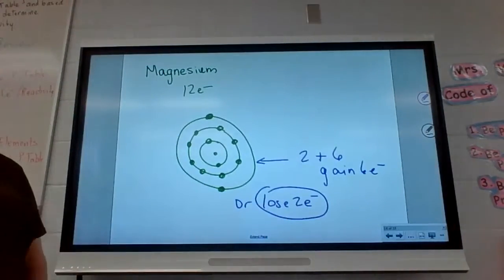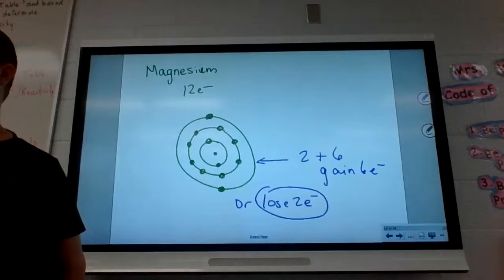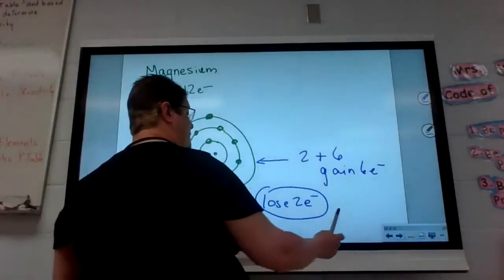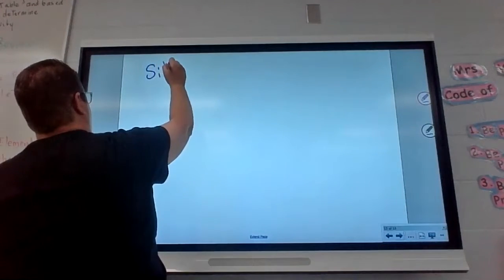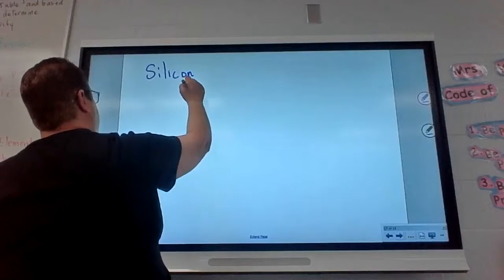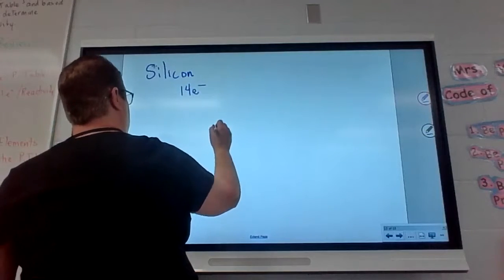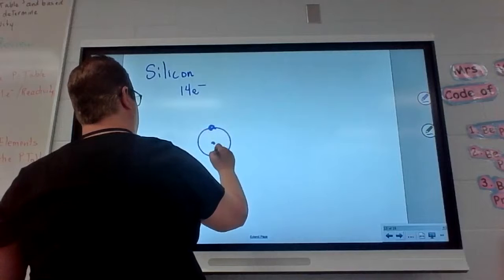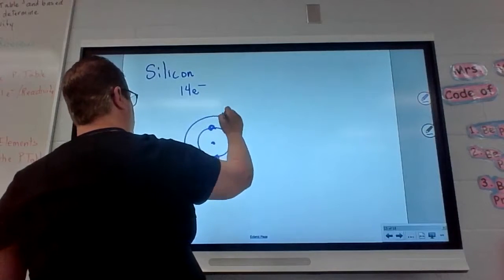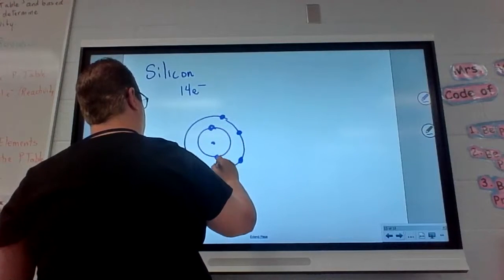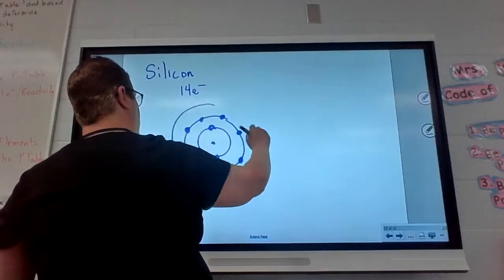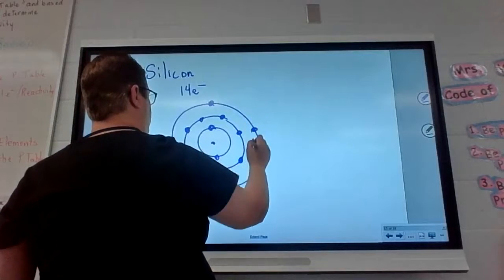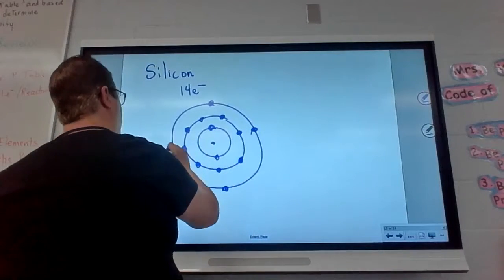Okay, so we said it was going to lose until we got to what number? 4. When you get to the magic number of 4, and I had silicon up here at that point, silicon had 2, and then it had 1, 2, 3, 4 electrons.